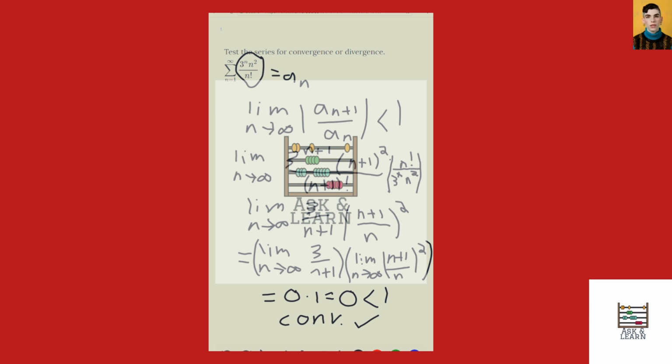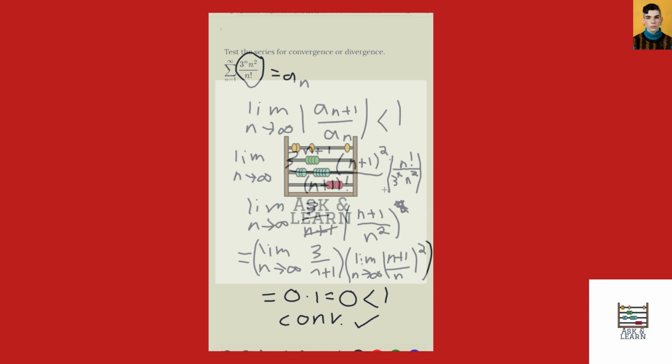Another approach you could do is write that this copy of n plus 1 gets canceled out with one of the copies of n plus 1 over here. So you end up with something like that, and then you could use L'Hopital's rule or something to figure out that this goes to 0.